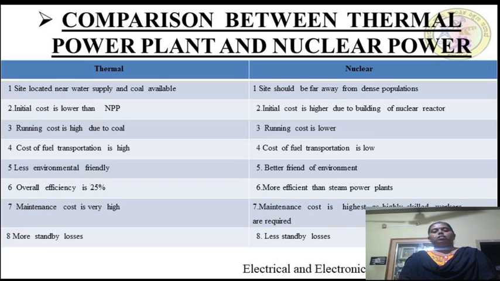Sixth, overall efficiency is 25%. In the nuclear, more efficient than steam power plants. Seventh, maintenance cost is very high. In the nuclear, maintenance cost is higher.